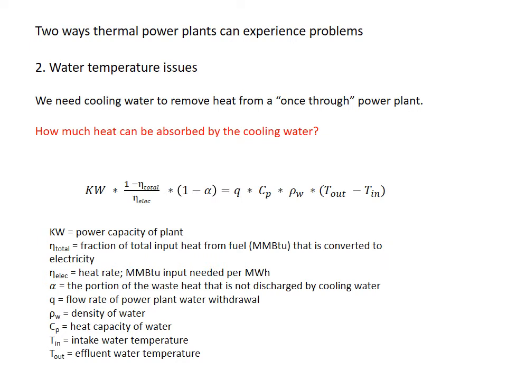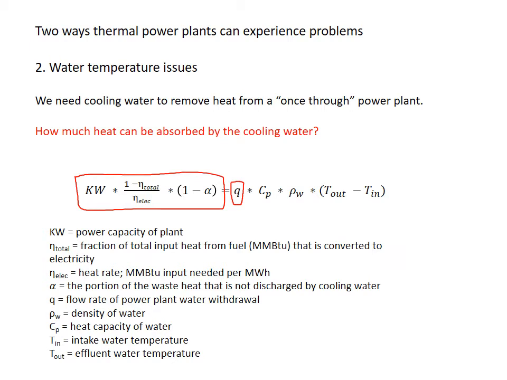So we have now an equation for how much waste heat we need to be absorbed by cooling water on the left-hand side, and on the right-hand side we can think about how much water, like the flow rate, gallons per second, or there's probably a better set of units to use to describe that, we need to absorb that amount of heat.